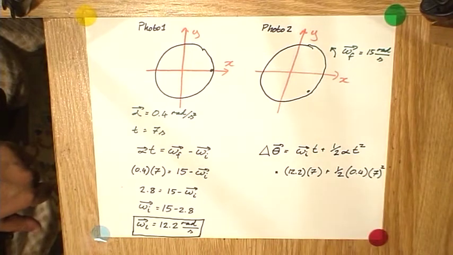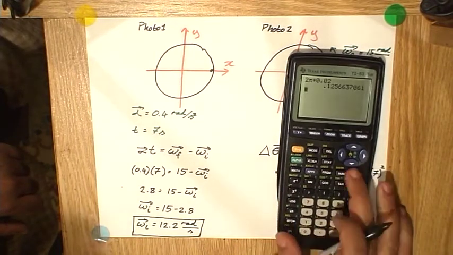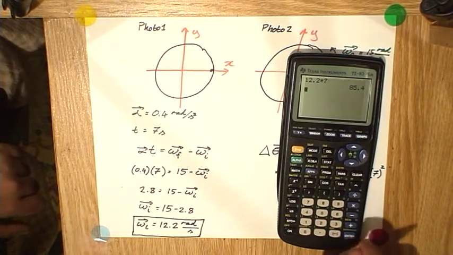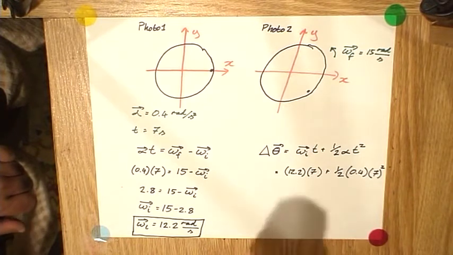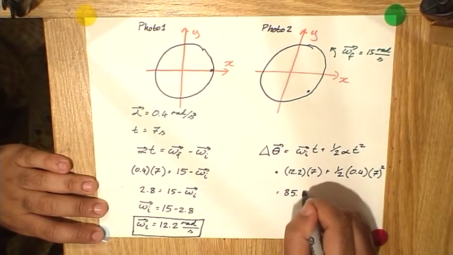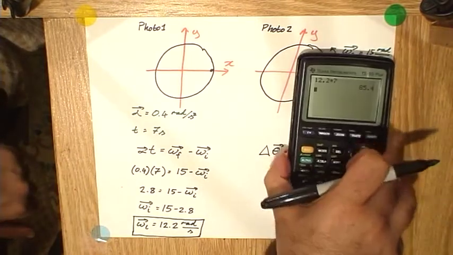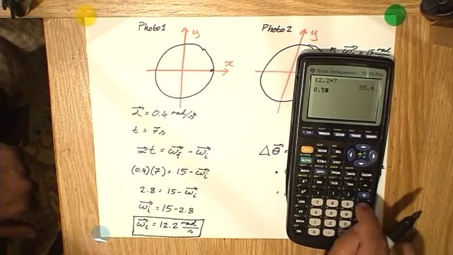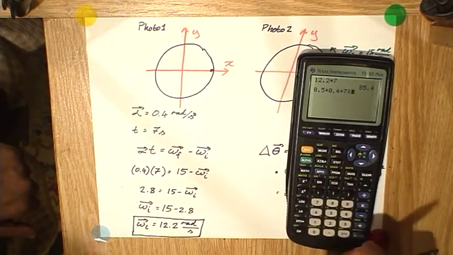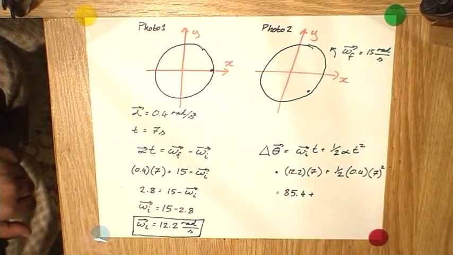So let's start simplifying all of this. 12.2 times 7 is 85.4. Plus half times 0.4 times 7 squared. That's 9.8, coincidentally enough.